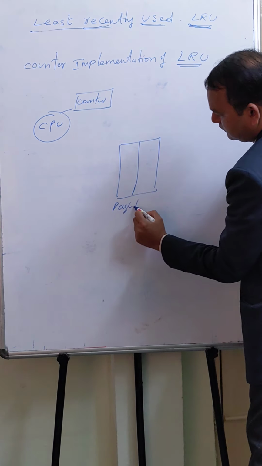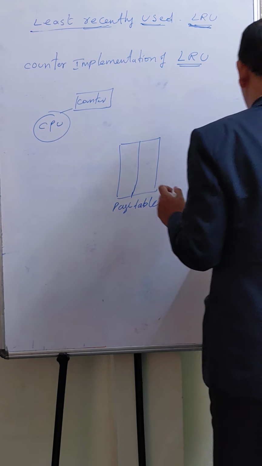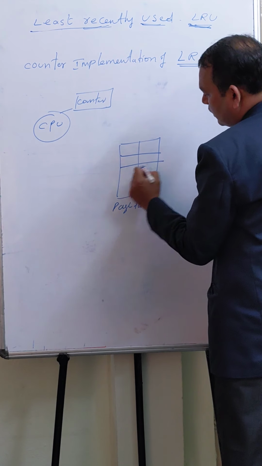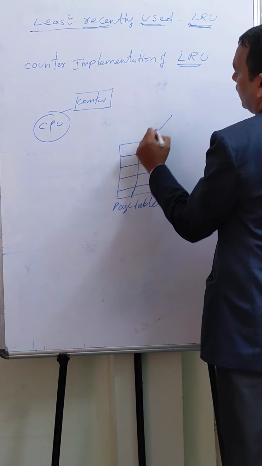The page table gives which pages are right now available in the main memory. If the page is not in the page table, that page is not available in the main memory. Then there is one more field, called time of use.